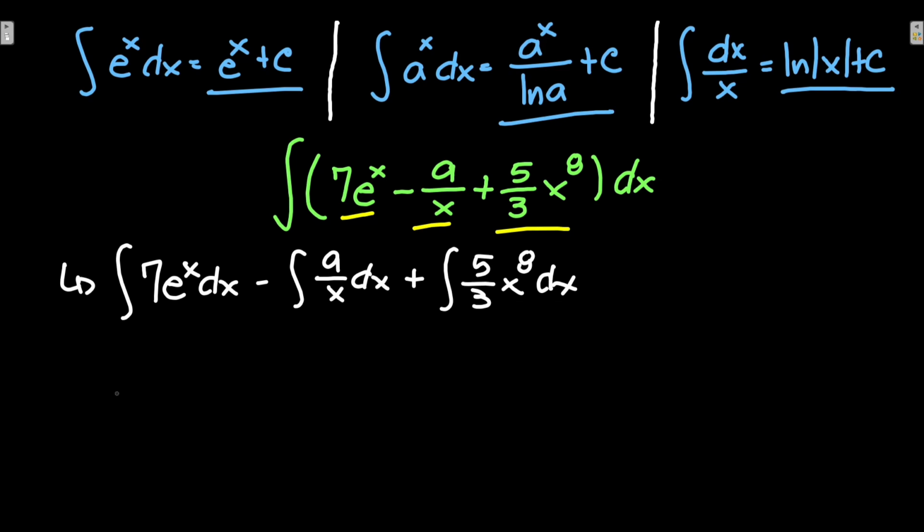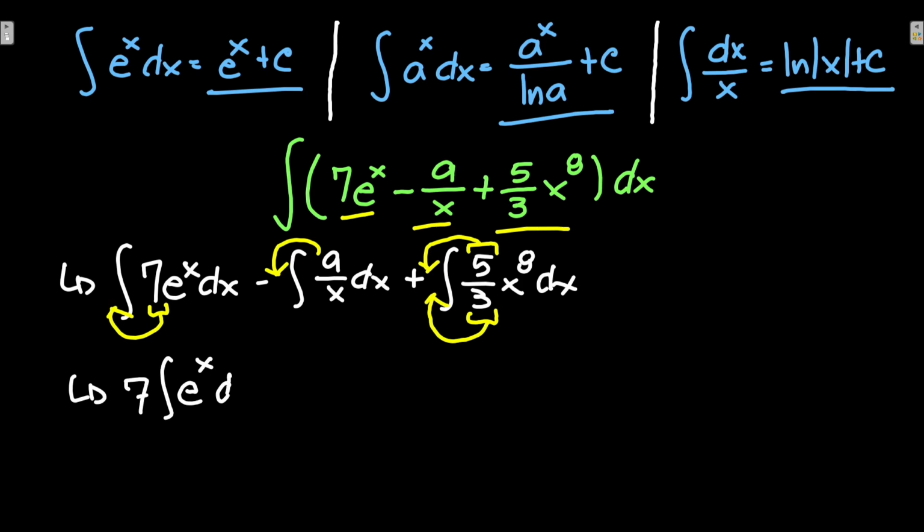Now that we have that, we must put all the constants outside the integral. So this would be 7 integral of e to the power of x dx minus 9 integral of dx over x plus 5/3 integral of x to the power of 8 dx.